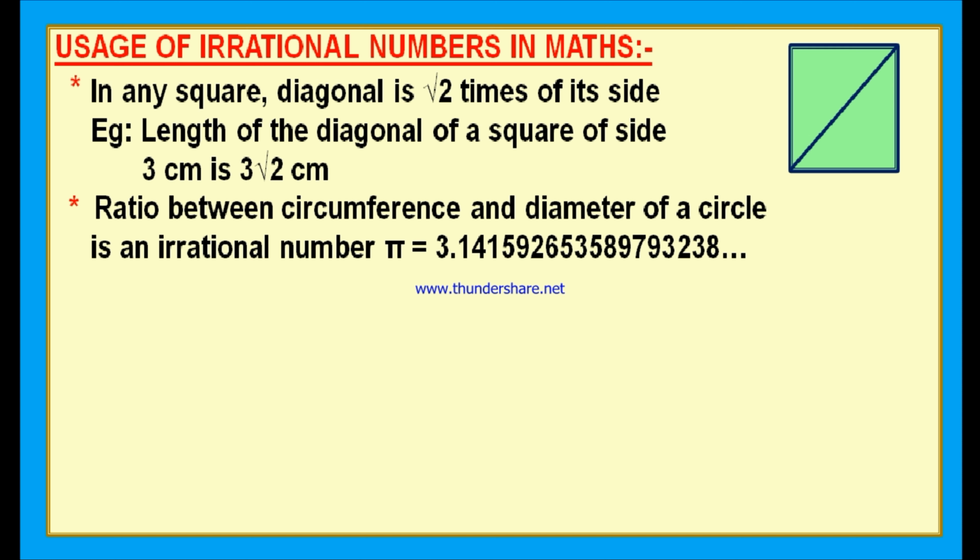The value of pi is almost equal to 3.1415926535 89793238 and so on. We wrote up to 18 decimal places. You see, it is a non-terminating decimal, and at the same time no part of the decimal is repeating. Therefore it is a non-terminating and non-recurring decimal number, which is an irrational number.